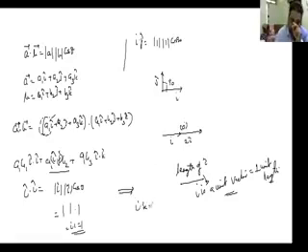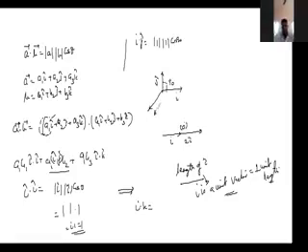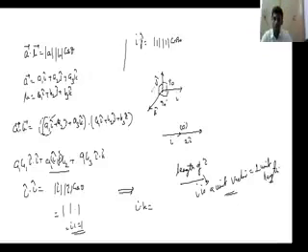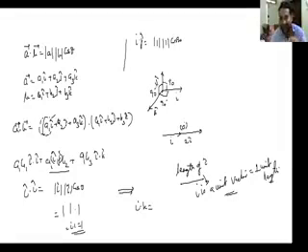B, dot product cannot be 0. C, maybe one vector is 0, or D, none of the above. Tell me which one is correct.